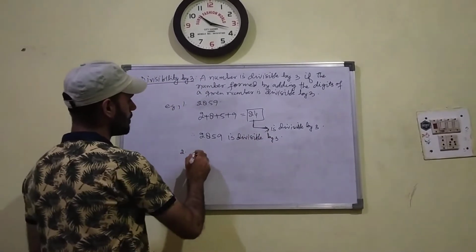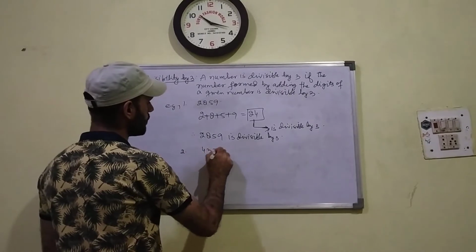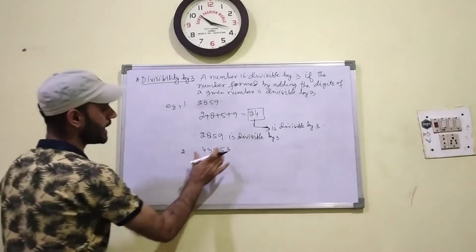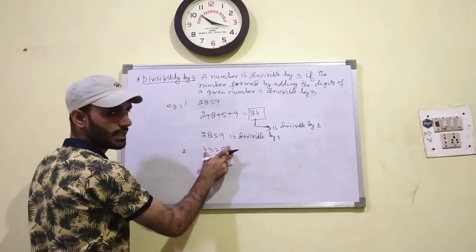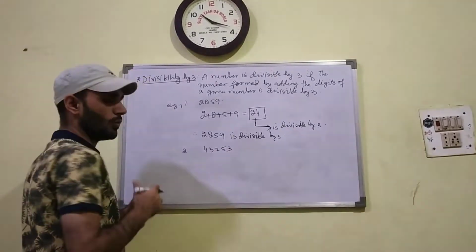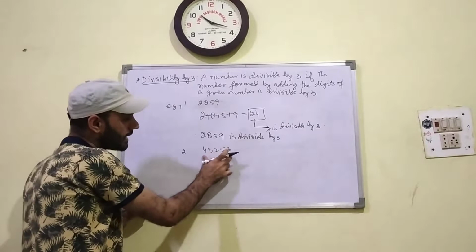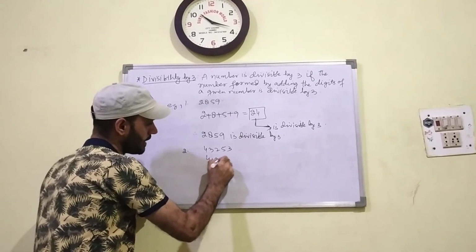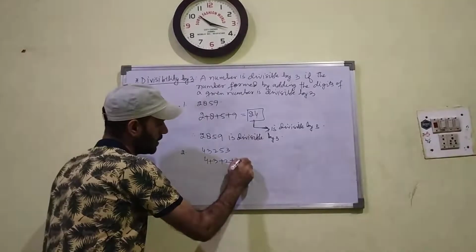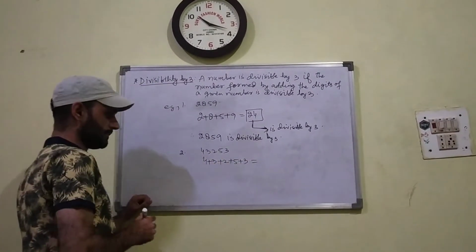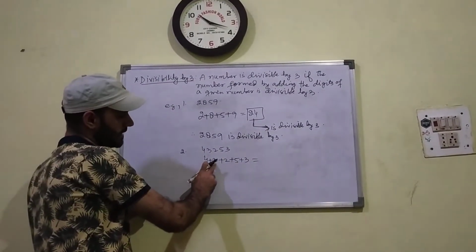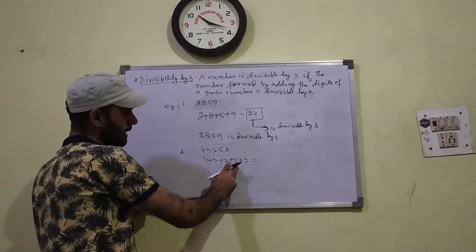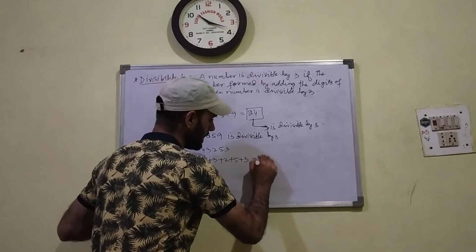Let's take another example. For example, we have the number 43,253. We have to check whether it is divisible by 3 or not. For this, what we have to do? We have to add the digits of this particular number. 4 plus 3 plus 2 plus 5 plus 3. 4 and 3 is 7, 7 and 3 is 10, 10 and 5 is 15, 15 plus 2 is 17.